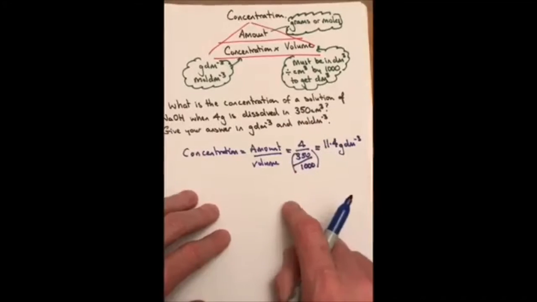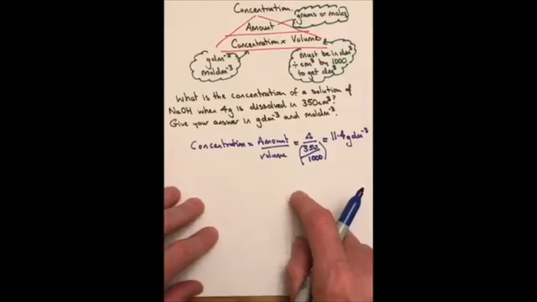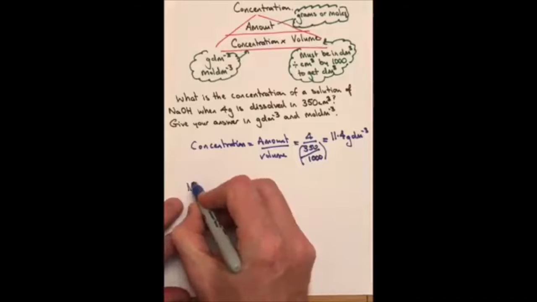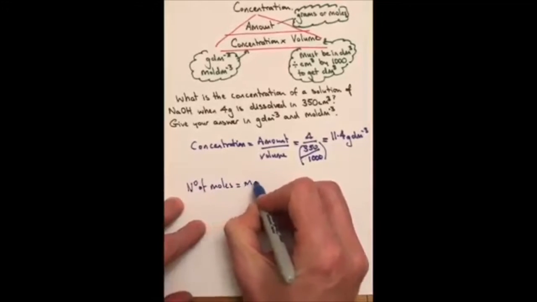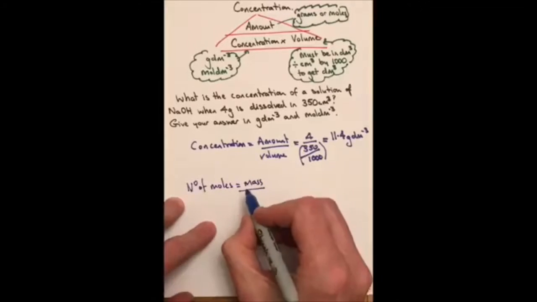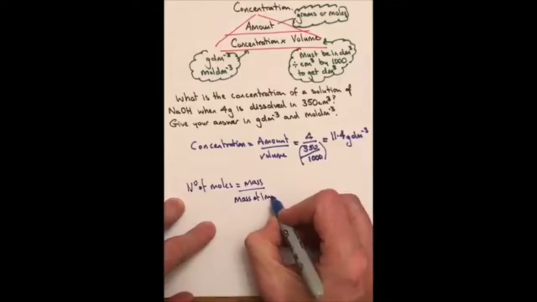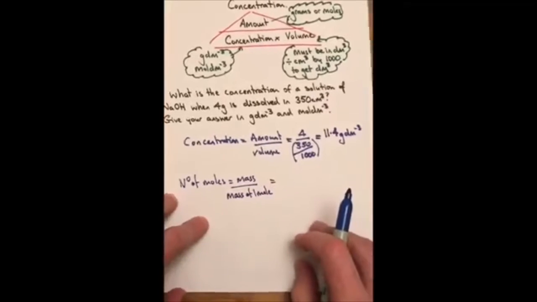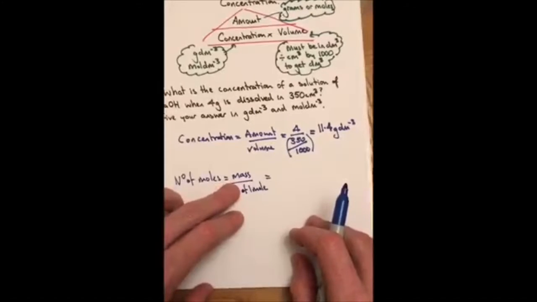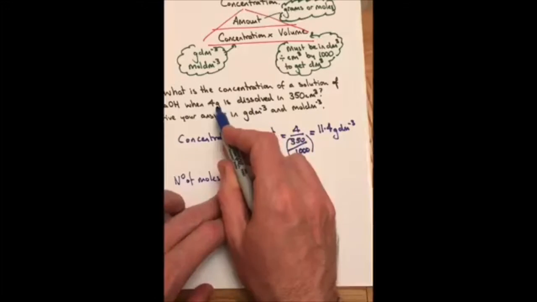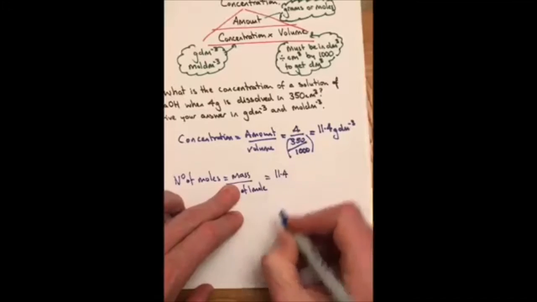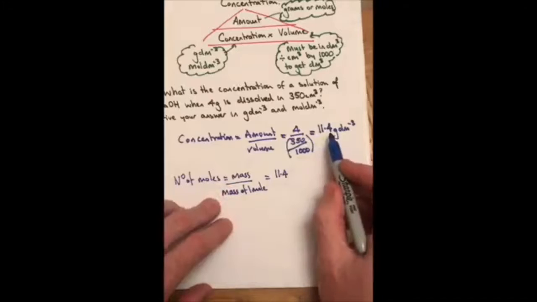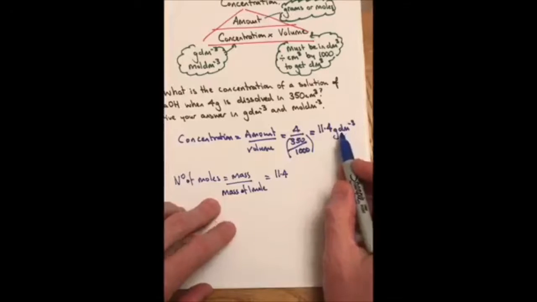To do this, I've got to use an equation, and the equation says that the number of moles is equal to the mass divided by the mass of 1 mole. We know the mass is 4 originally, and then we've scaled this up to 1,000, so it's 11.4. So we've got a mass of 11.4, because this, remember, is grams per decimeter cubed.